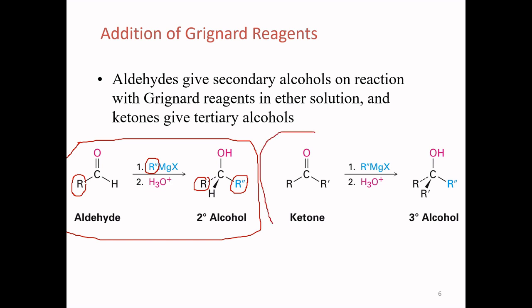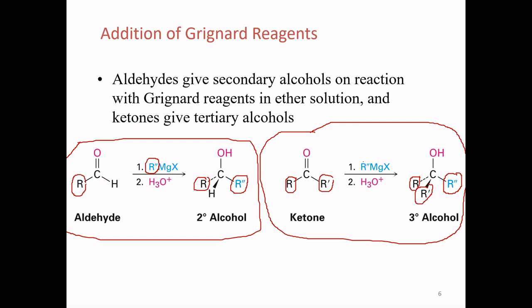In the next example, when we use ketone as the starting material, what we get is a tertiary alcohol. If you look at the tertiary alcohol here, the structure contains an R group and an R prime group from the ketone, and also an R double prime from the Grignard reagent.